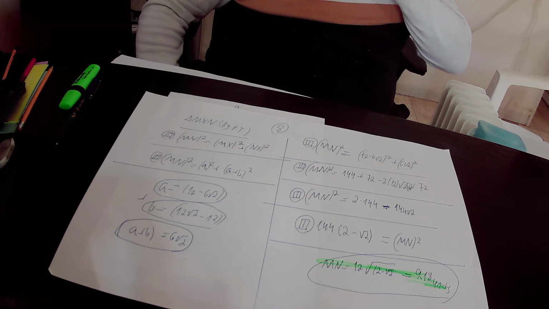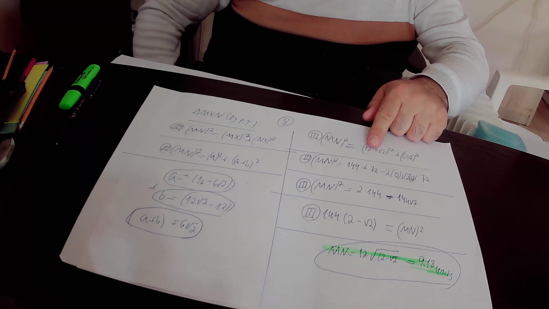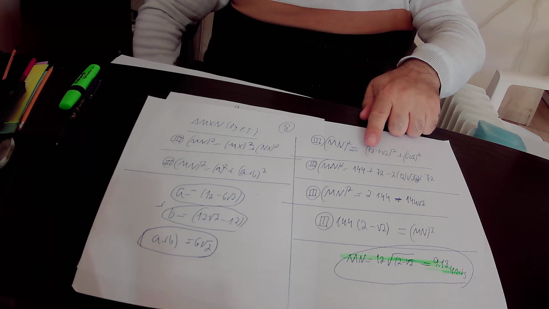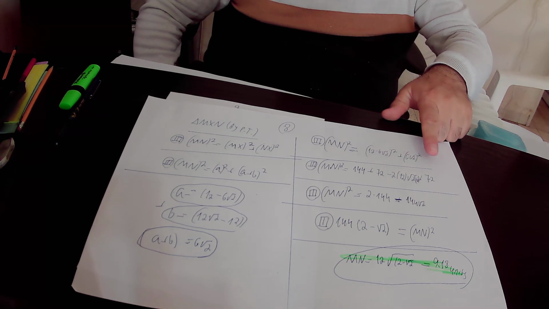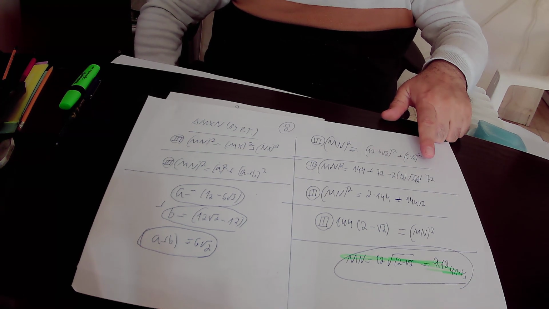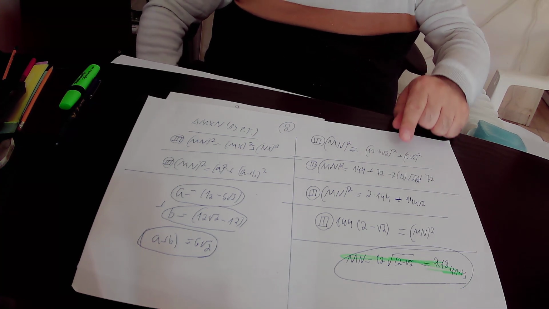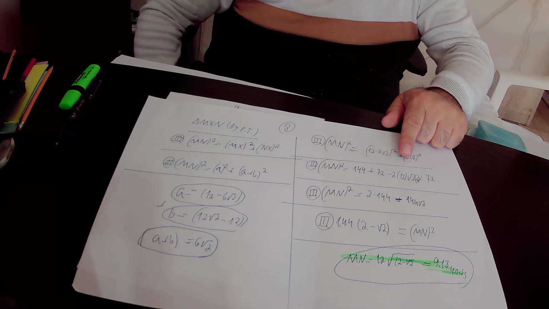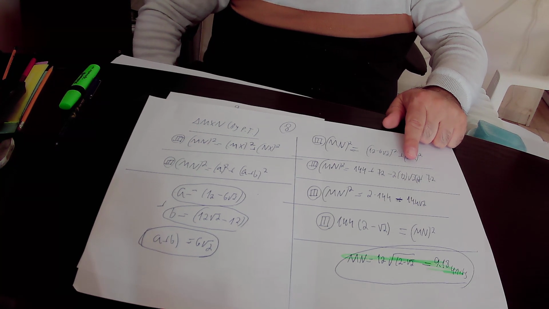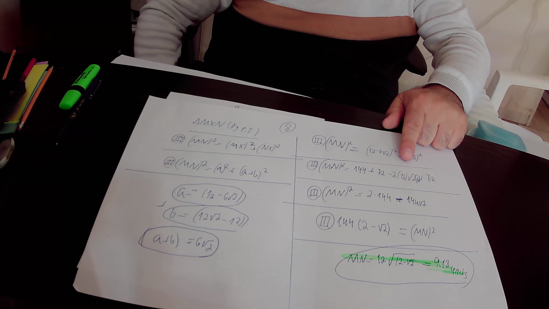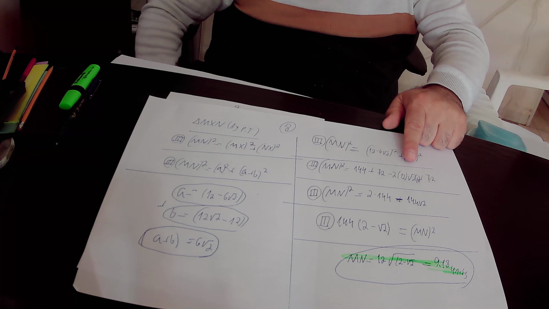So in conclusion, according to equation number 3, here we have 144, and 72 plus 72 is 144. So 144 plus 144 is 288, minus 2 times 6 times 12, and 12 times 12 is 144. So this expression equals minus 144 times square root of 2.